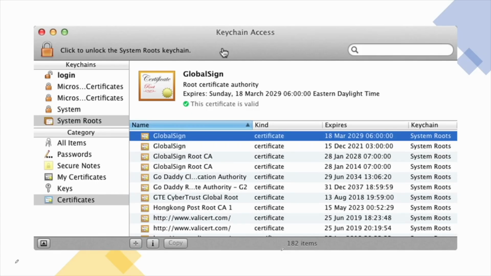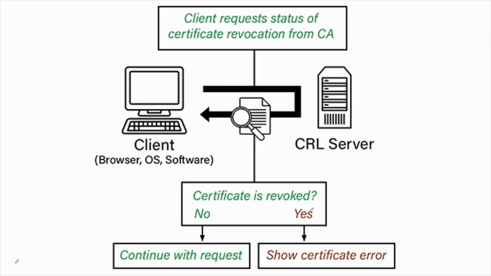Any certificate that is signed by a trusted CA will also be trusted by the system as long as the certificate is valid. Another important concept is the certificate revocation list, also known as the CRL. In simple terms, the CRL is a list that tells the system which certificates have been revoked and should no longer be trusted.